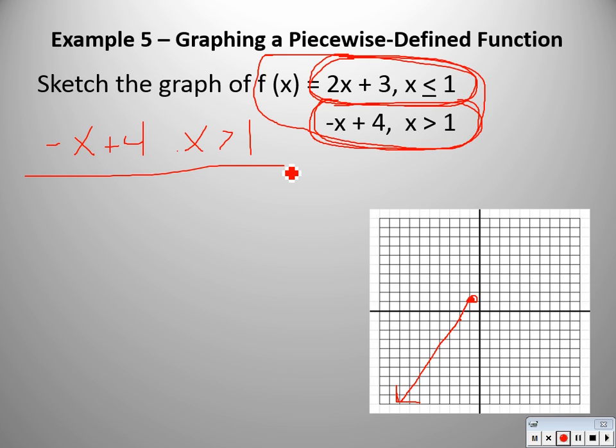So this should say negative 1 for these. That's not written in there, but that should be a negative 1 when I go to do those.